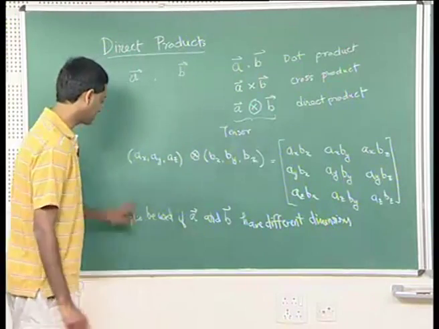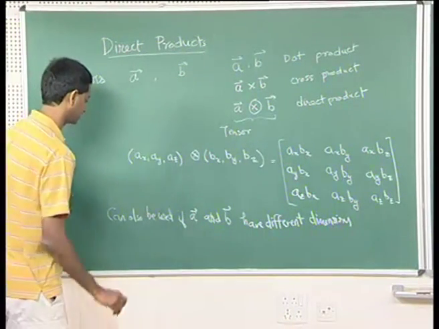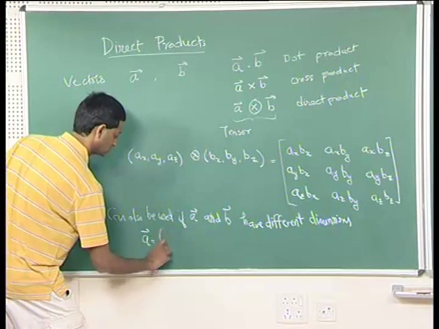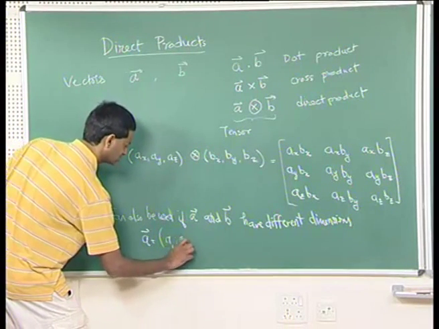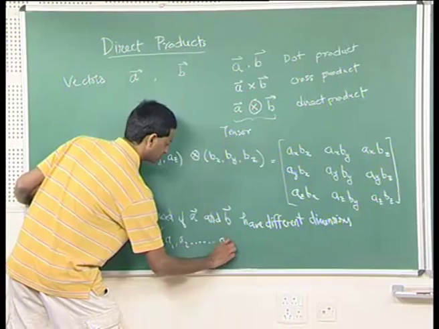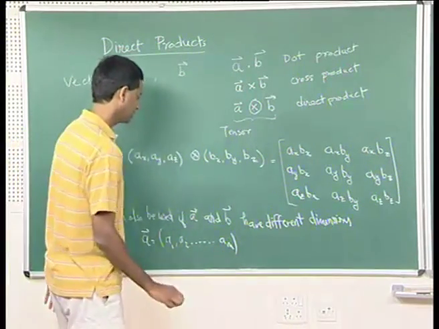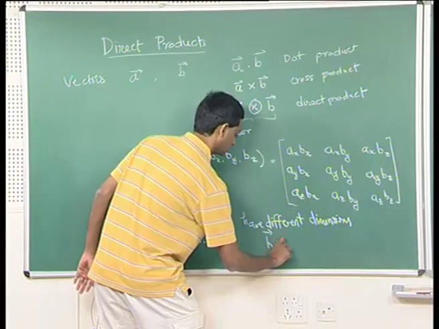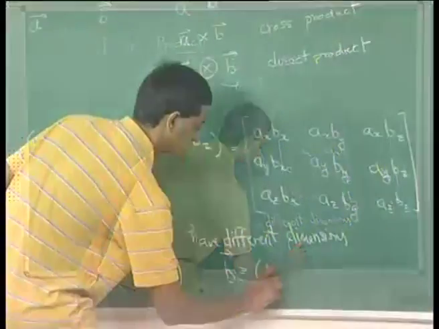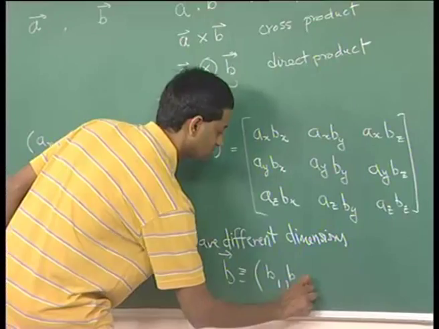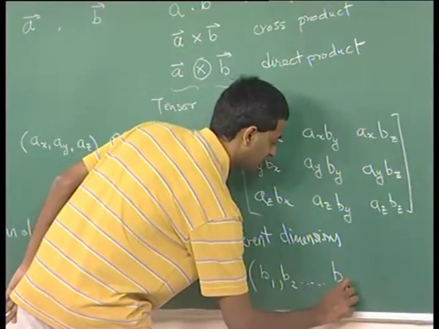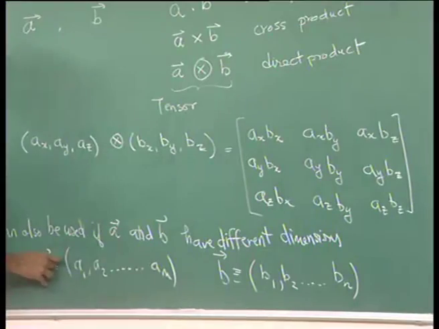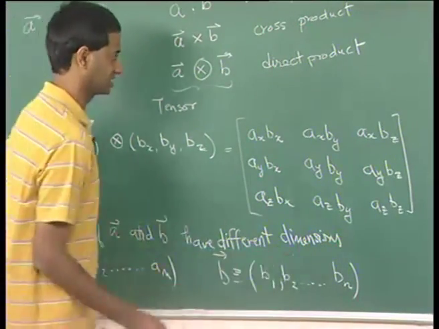So, for example, if A is an m dimensional vector, A1, A2 up to Am, and B is an n dimensional vector, B1 up to Bn.